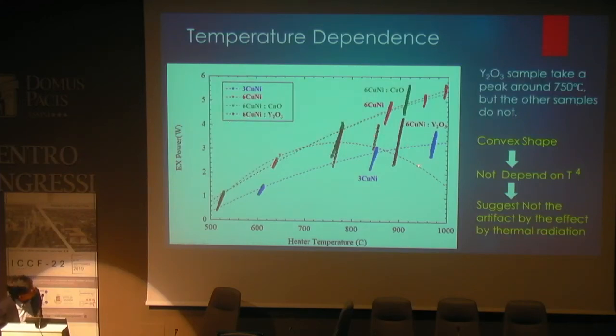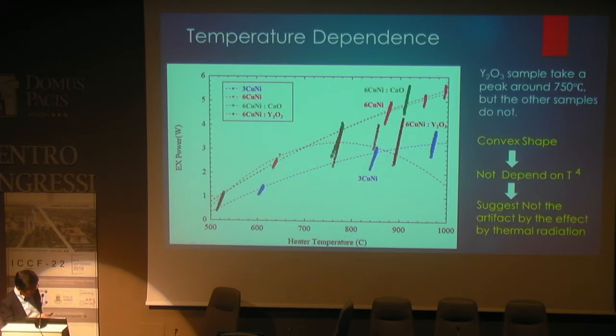So you can see that in the case of the Y2O3 sample, it takes a peak at about 750 degrees centigrade. And also, we can see that these curves have a convex shape. So these curves are not dependent on temperature to the fourth power, so it suggests that this effect is not an artifact of thermal radiation.